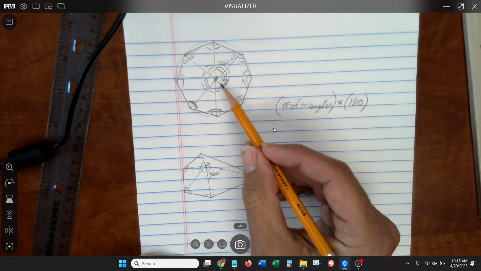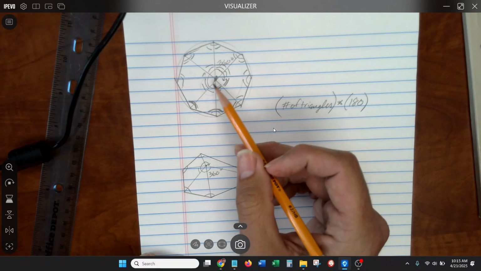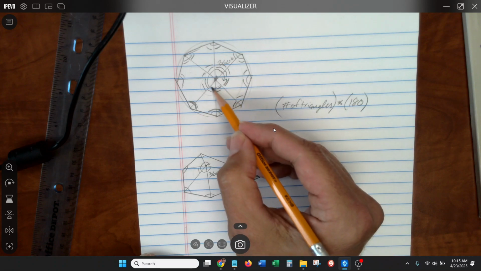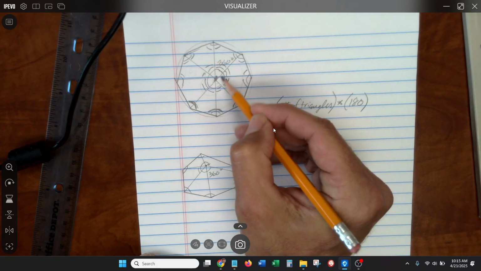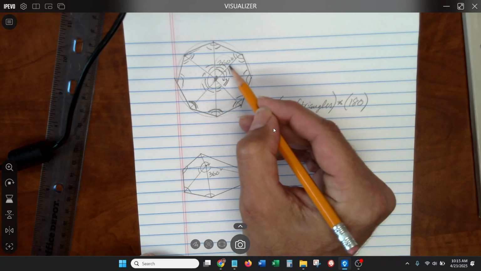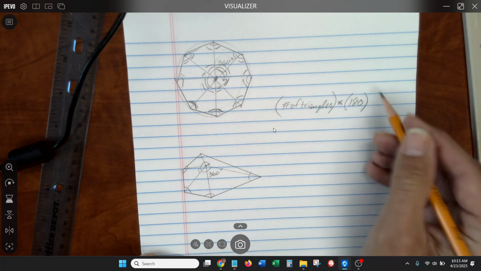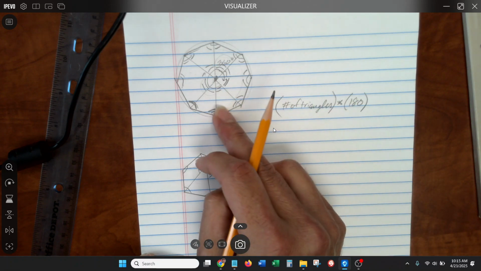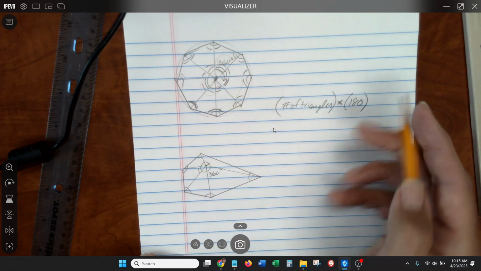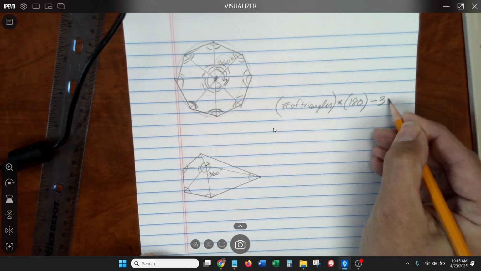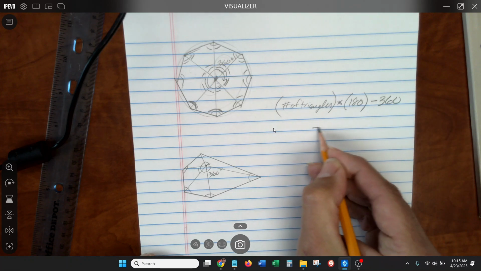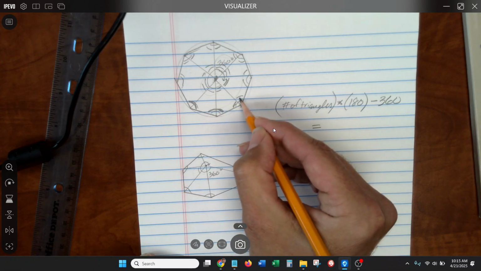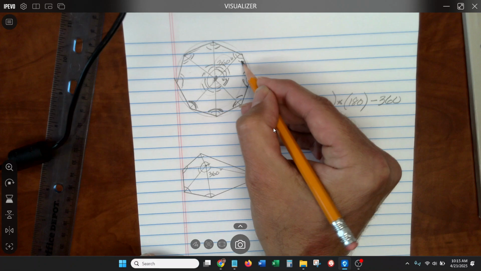Whether it's regular or irregular, whether it has 8 sides or 5 sides, it doesn't matter. The sum of all the central angles is always going to be 360 degrees. So from the sum of the angles of all the triangles, we just need to subtract 360 degrees, and that leaves us with the sum of all of these perimeter angles, if you will.